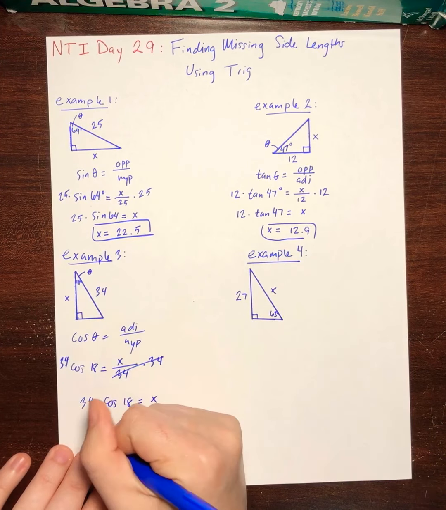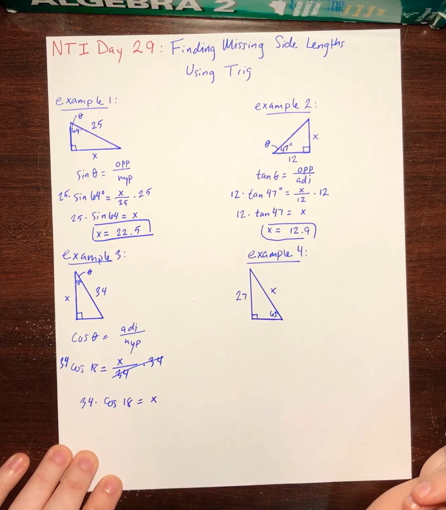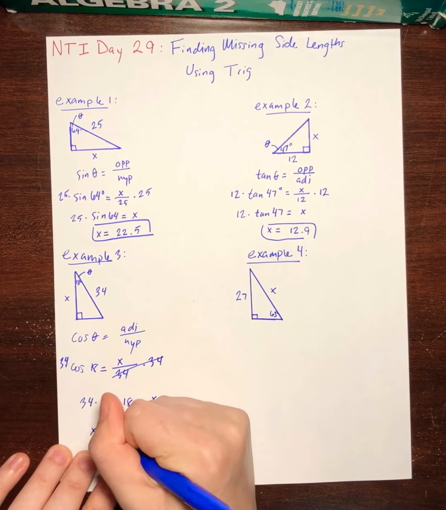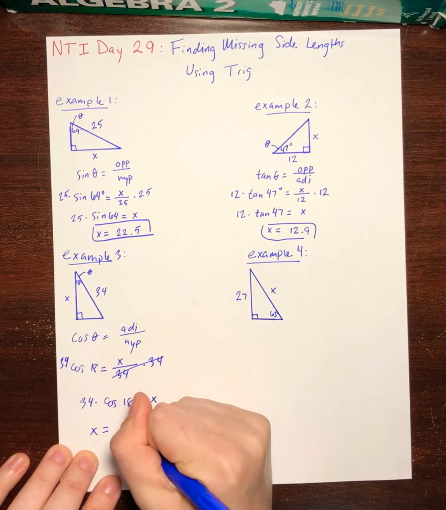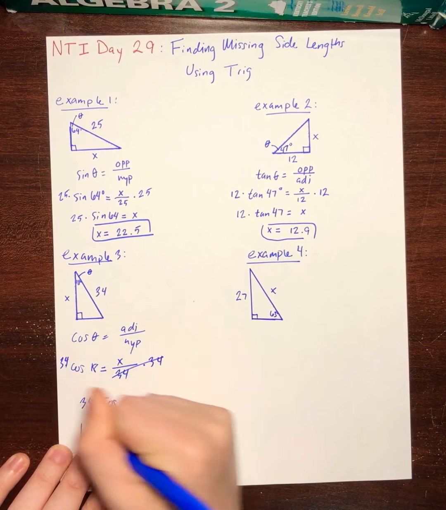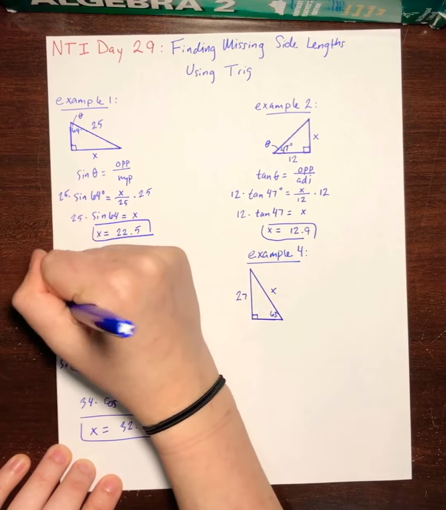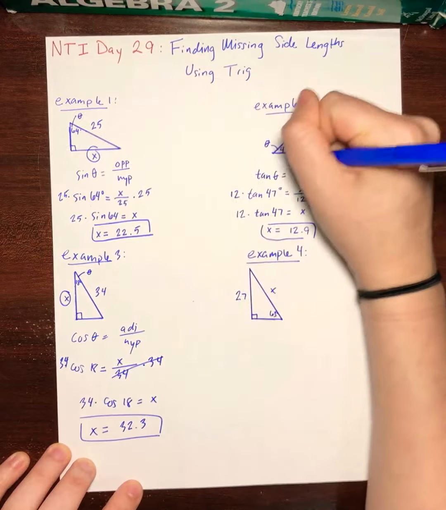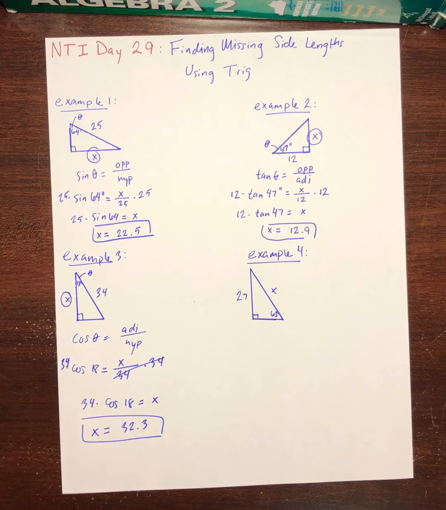And then again, just type that into a calculator, into Google, into your phone, and that'll give you x equals 32.3. And remember, whatever x equals, that's just that side length that we're missing, that we were looking for. So now we know the length of one of our sides, from another one of our sides, really.